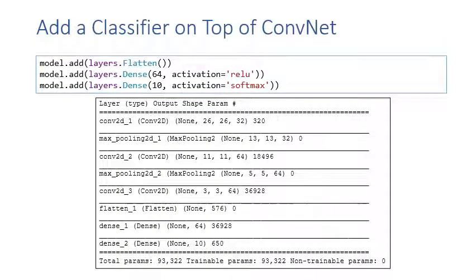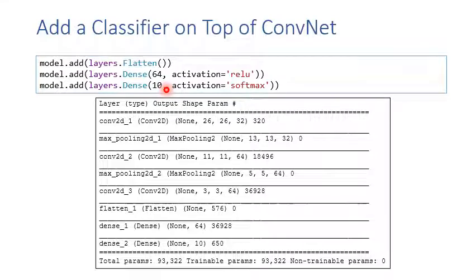After creating the convolutional part of our network, we need to flatten our network and add a classifier on top of the ConvNet. So we call the flatten function of the layers and then add a dense layer. Usually we add one dense layer before the final output layer.